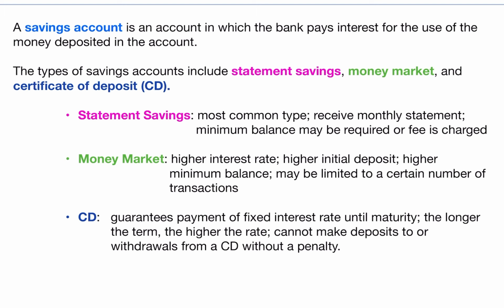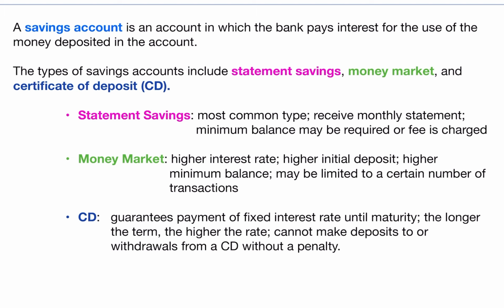The third type of savings account is what's called a certificate of deposit, or CD. This type of account essentially guarantees payment of a fixed interest rate until maturity. So essentially you commit a certain dollar amount, and the bank usually will have a minimum requirement, and you give them the money, and it sits there for a committed period of time.